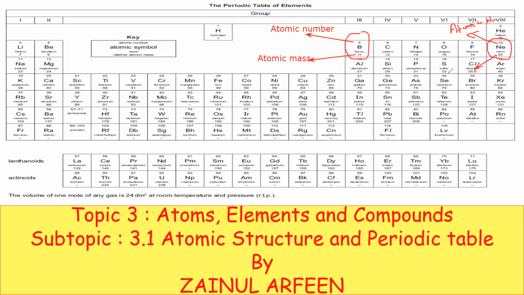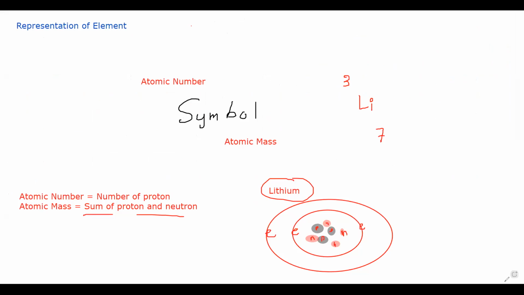The bottom number represents the atomic mass, so the atomic mass is 20. Whenever an element is there in a periodic table, the top number represents the atomic number and the bottom represents the atomic mass. And how can we find the number of protons, neutrons, and electrons?